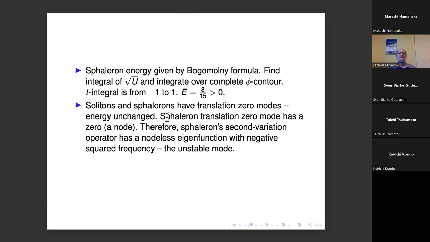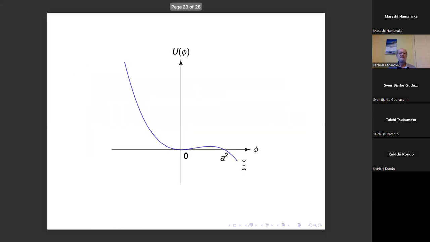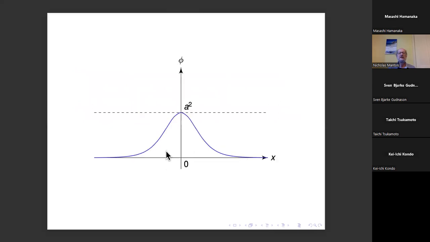Now, the Sphaleron translation mode has a zero. So because the solution, I haven't shown the solution. Let me show you. Here's a solution. This is the Sphaleron solution of the example I gave you, the 1 over cos squared function. Now, if you translate this a little bit, the translation zero mode is just the derivative of this function.